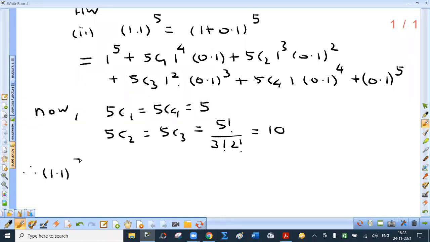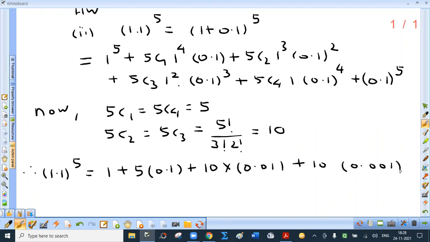So 1.1 raised to 5 equal to 1 plus 5 into 0.1 plus 10 into, actually 10 into 1 into, but I will directly write 0.01, plus 10 into 0.001, plus 5 into 0.3 knots and then 1.